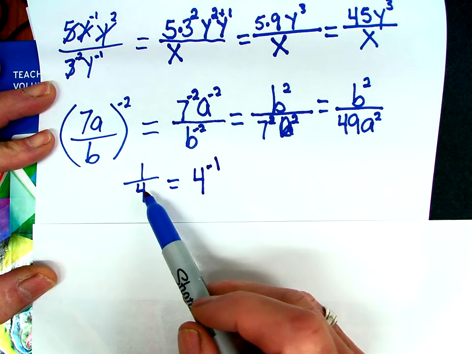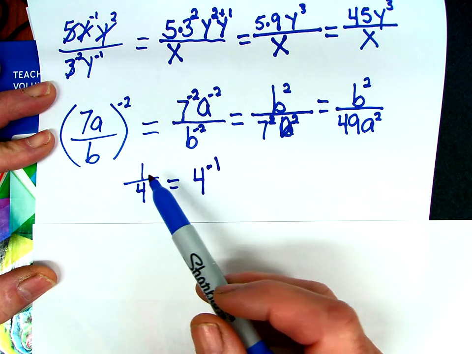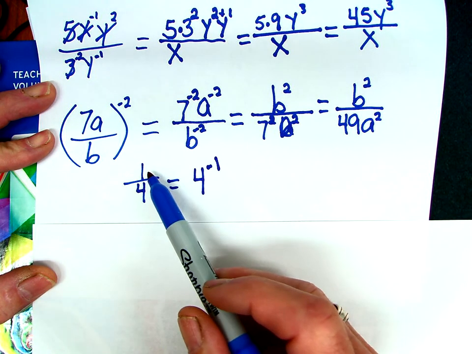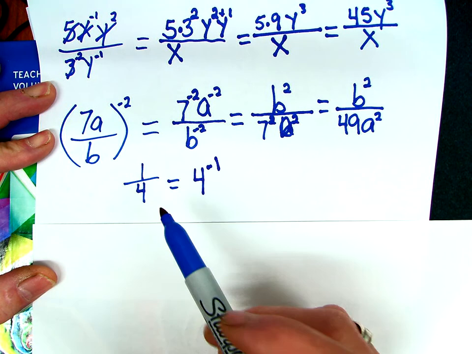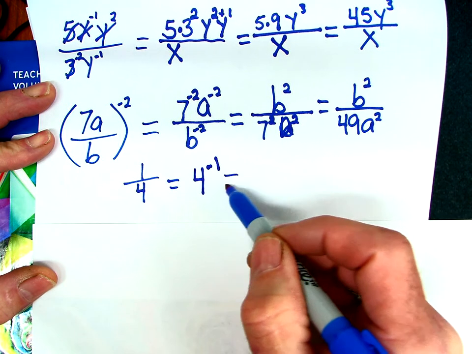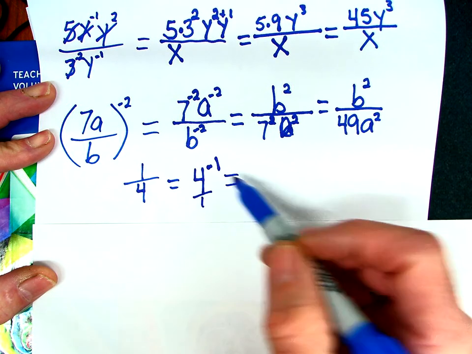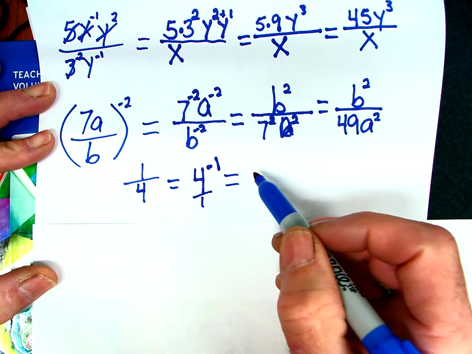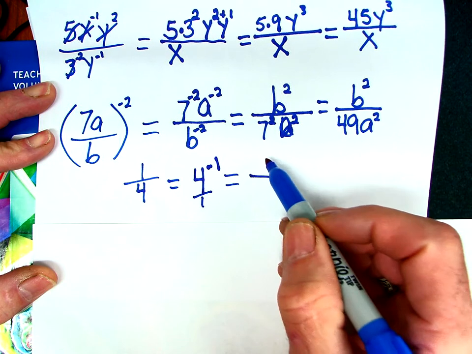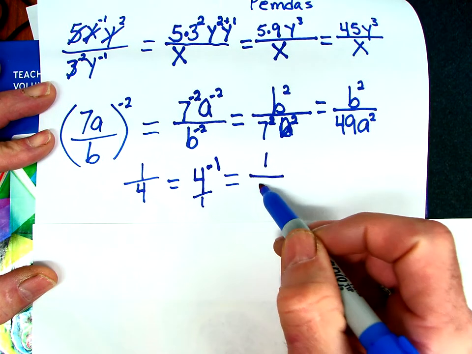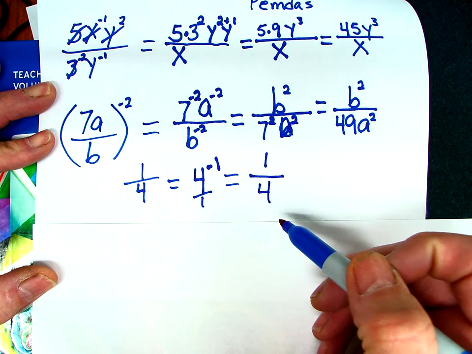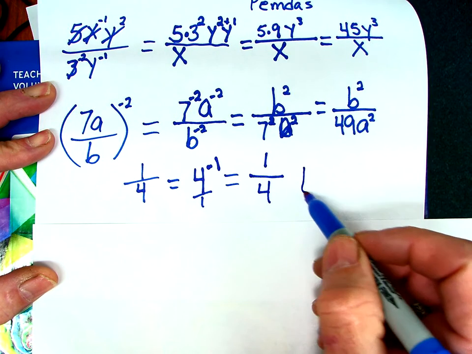That means it came from the bottom of a fraction and there was no numerator other than 1 on top. I could change it back. Hey, here's a 4 over 1. That means the 4 is on the wrong side of the divide sign. 1 on top, 4 on bottom, bada boom, bada bing. We're right back where we started.